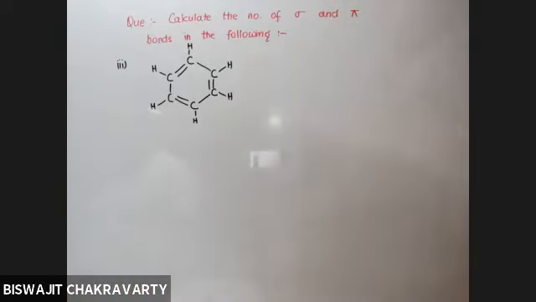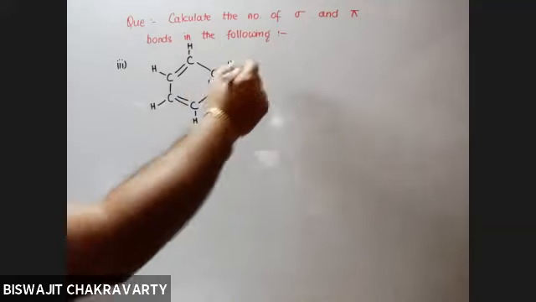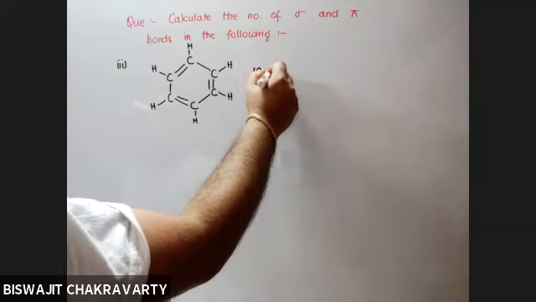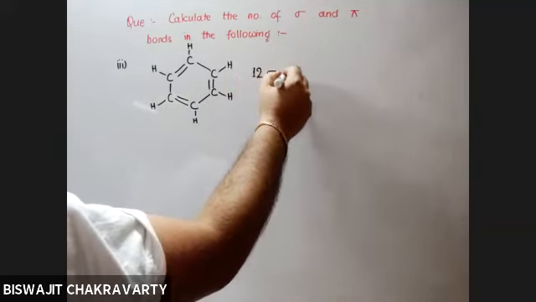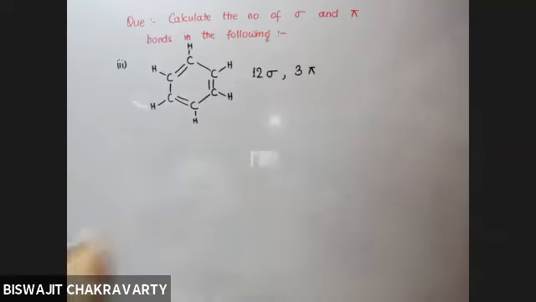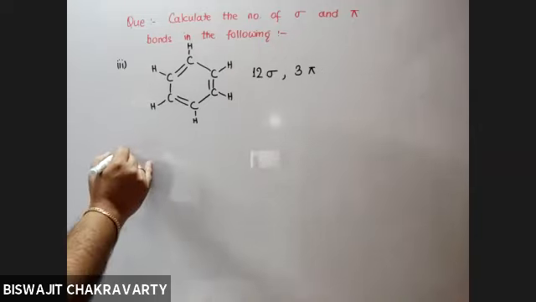Everyone should try this one. 12 sigma and 3 pi. Are others getting the same result or not? Yes, sir. So 12 sigma and 3 pi. Is it understood now? Yes, sir.